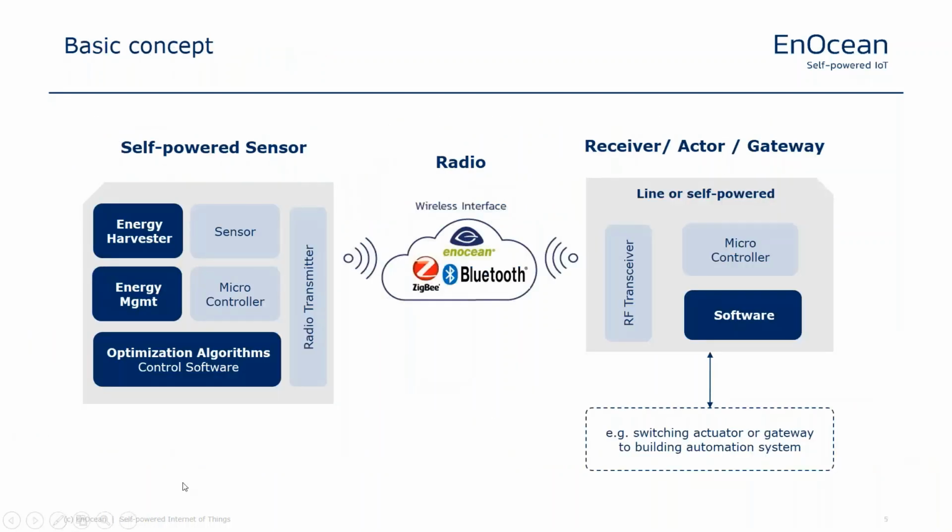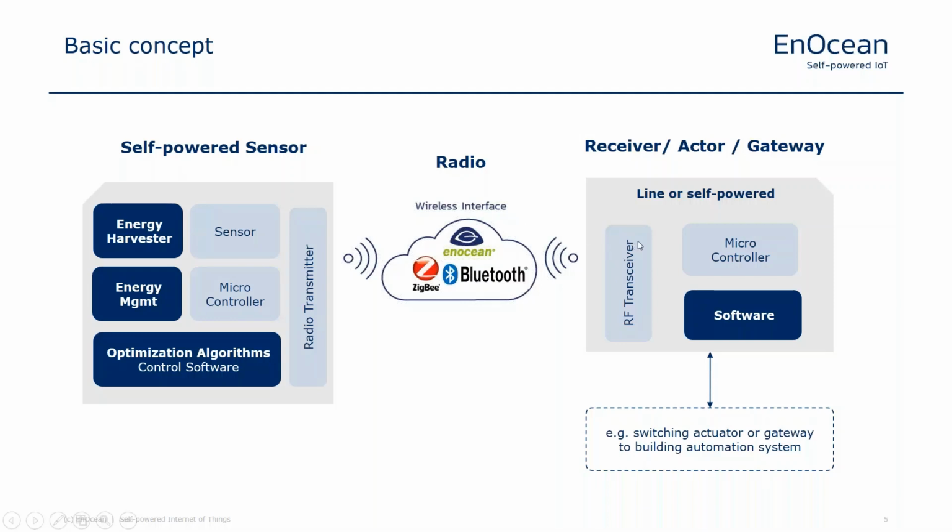The basic concept of a self-powered sensor you will see on the left side. So it consists of an energy harvester. We will show you some models in the next slides. Then very important is the energy management, and the sensor itself, like a temperature sensor, then the microcontroller, which operates there and controls everything, and then a radio transmitter, sending via the radio interface. Markus already mentioned, we have several protocols.